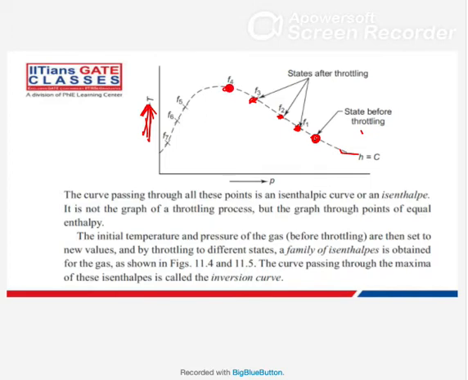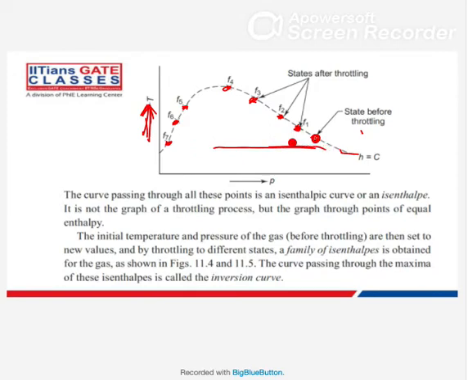Further expansion here. Now if you expand further, what you can see, as we got after experiments and as Joule plotted, is that after that the temperature started decreasing, and with further expansion it is further decreasing. That means it depends on how much you are expanding.